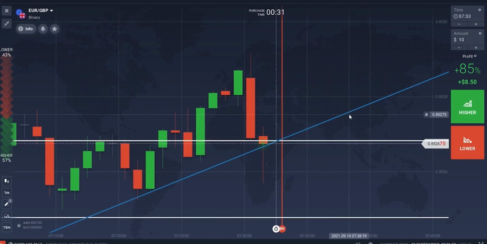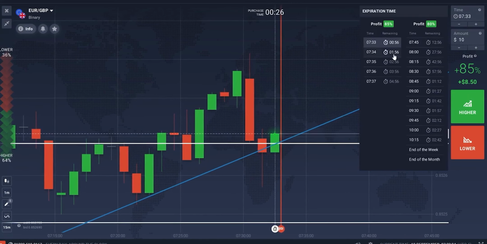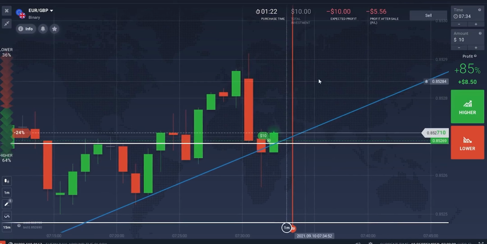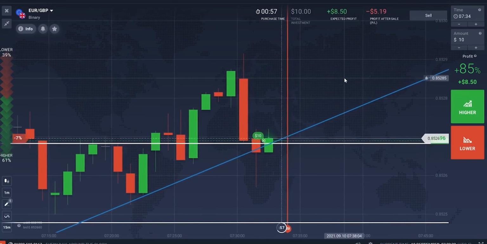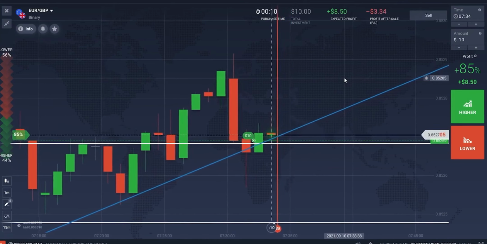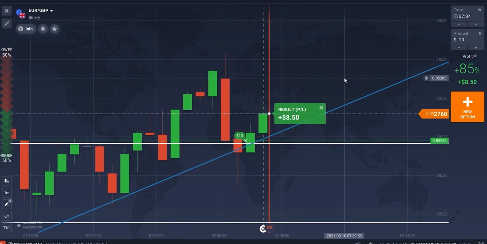Now it seems like another good opportunity is forming. I've just entered a trade right on this line, and we'll wait together to see the result of this trade as well. As you can see, this trade also closed in profit.